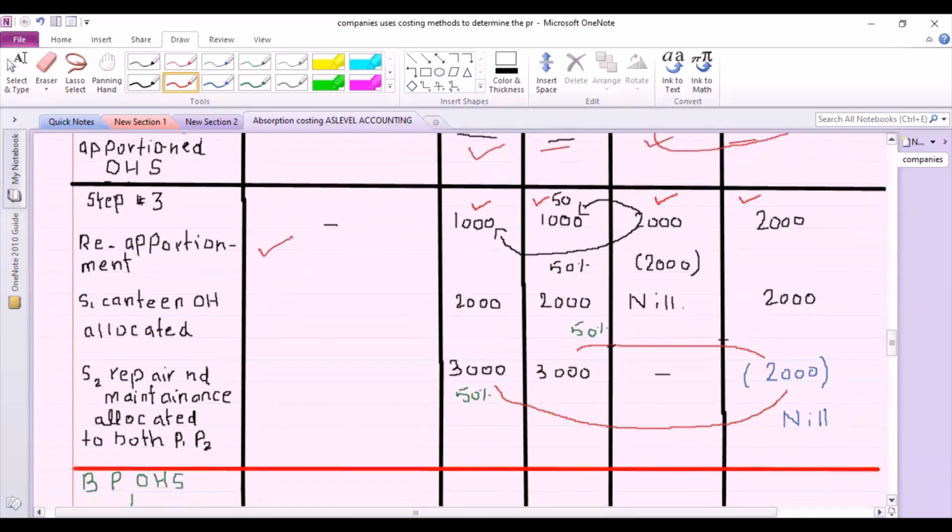So we are going to do the reapportionment step of absorption costing.